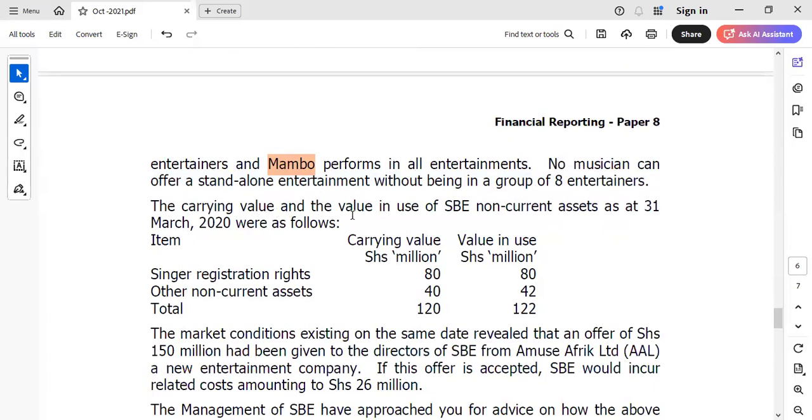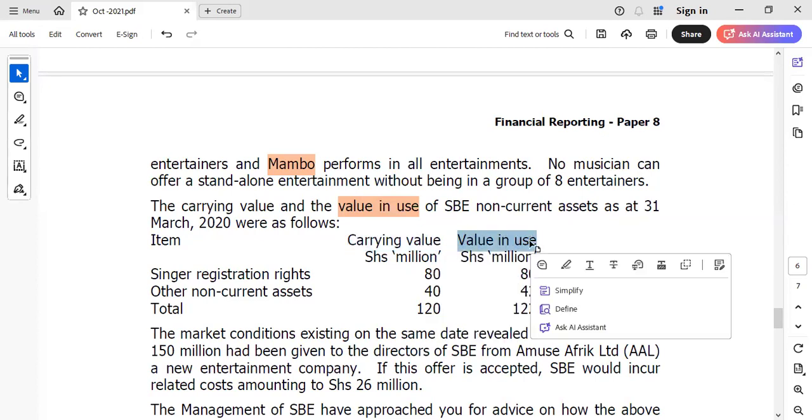The carrying value and the value in use of SBE non-current assets at 31st March 2020 were as follows. You have the carrying values, you have also the value in use. What I was telling you, okay? Now here you're given the value in use, okay?